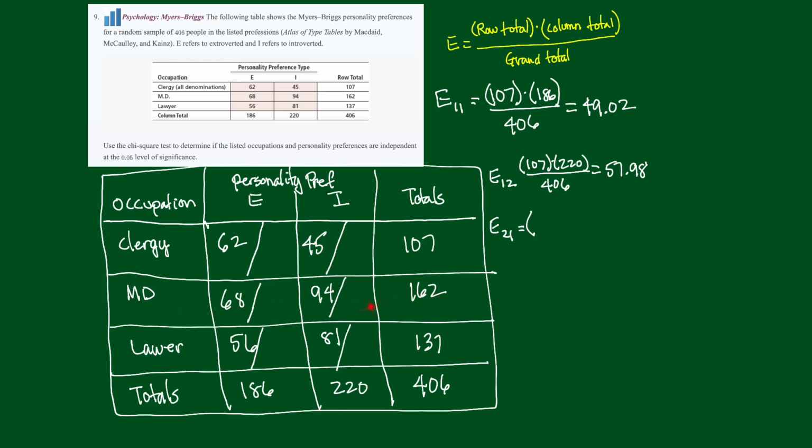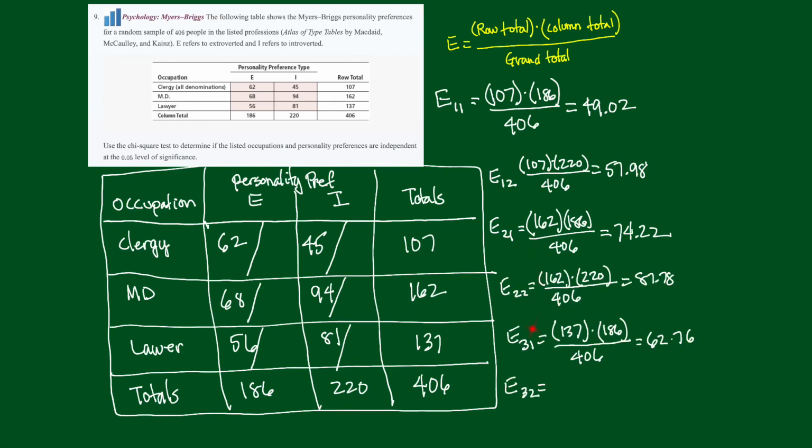I'm in row 2, so 162 times the total in the first column. There's the first column, 186, divided by our grand total, which again is 406. And that is giving me 74.22.